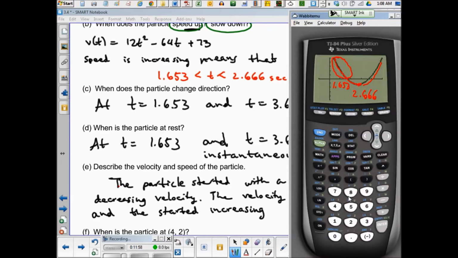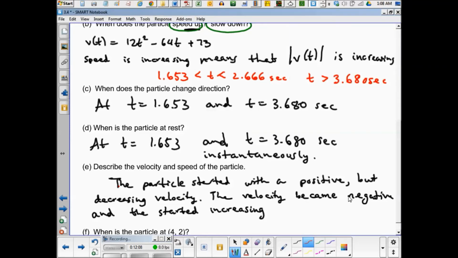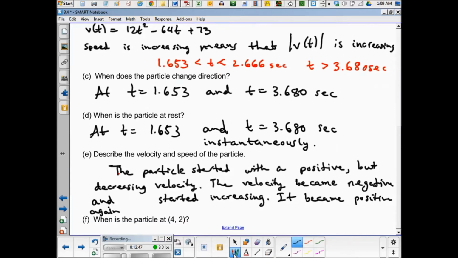It became positive again. Increased indefinitely.